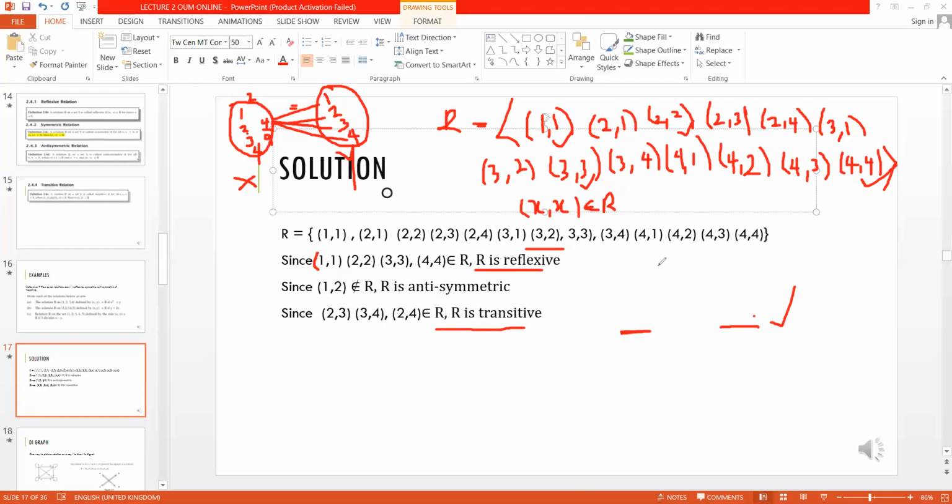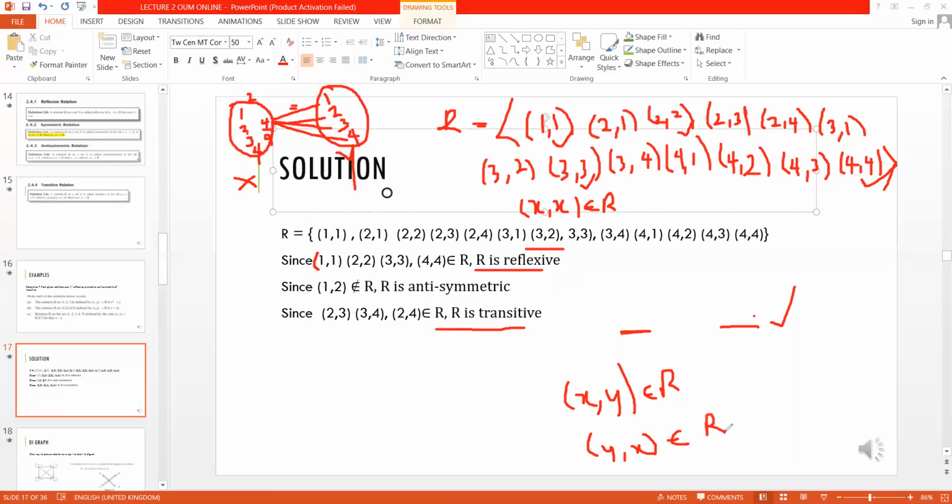For symmetry, we said if the pair (x, y) belongs to R, then (y, x) should also be in R.